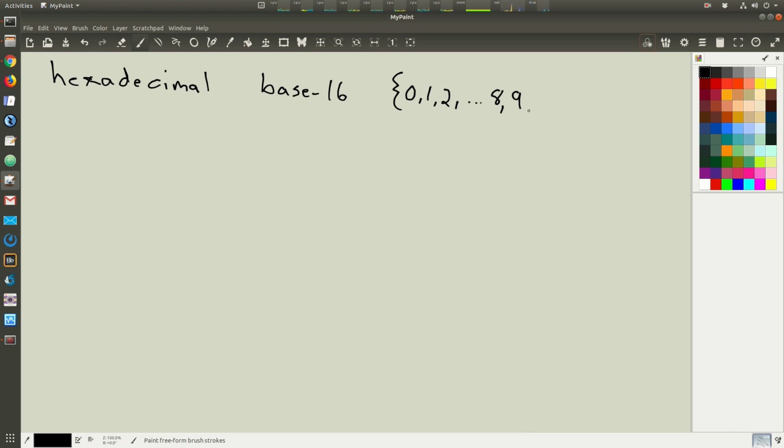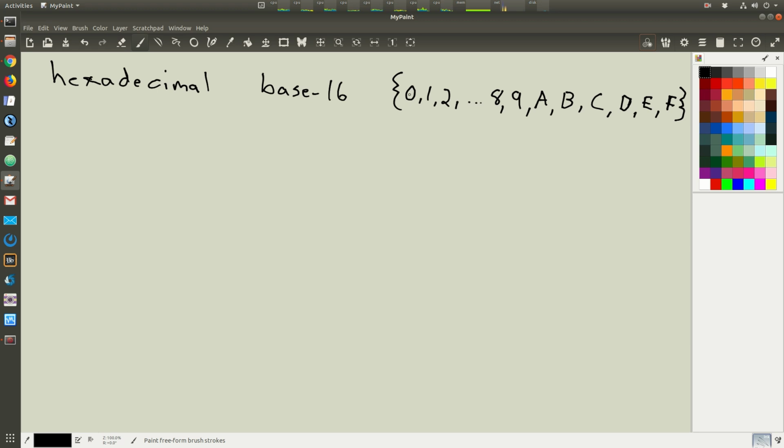Okay, but we need more characters. We're supposed to have 16 characters. So what can we use? The standard is to use letters. So we have A, B, C. This is 10, this is 11, 12, 13, 14 is a D, and 15 is E, and the 16th character is an F. Okay, the 10th character is a 9.